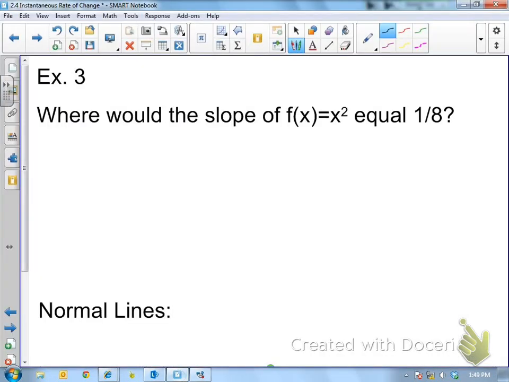So, I know slope should equal 1/8. What is our formula to find slope? That's slope algebraically, y2 minus y1 over x2 minus x1. How do we find slope calculus-y? We just learned a formula to find slope, but we called it something else. Instantaneous rate of change.